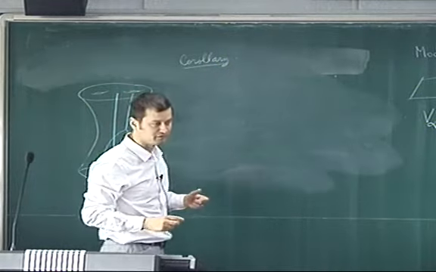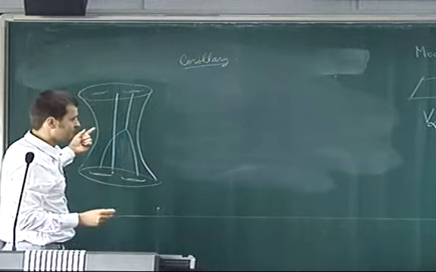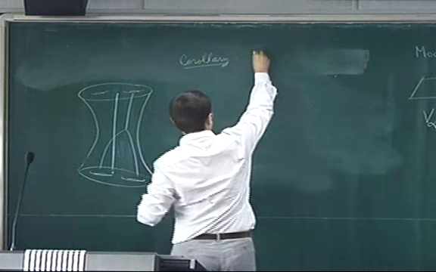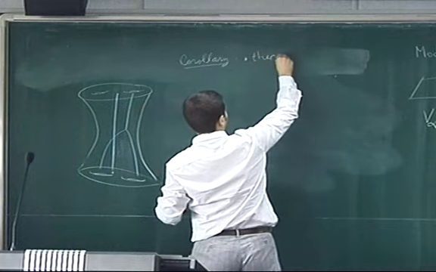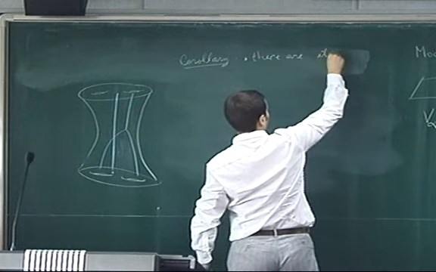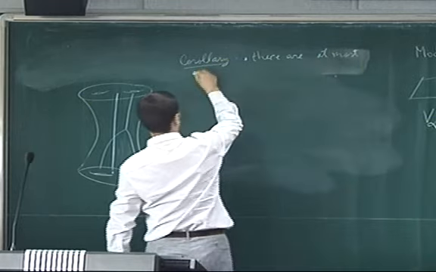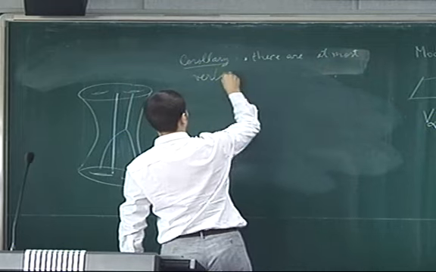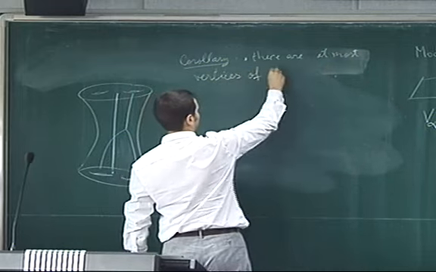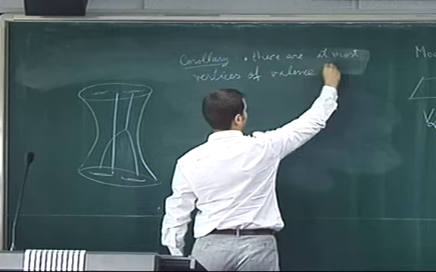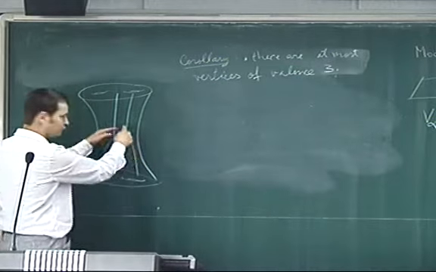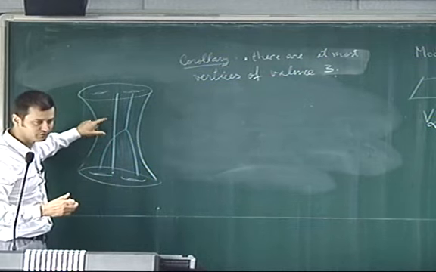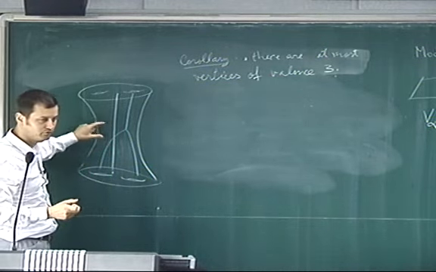of this Gauss-Bonnet observation. It says that first there are at most vertices of valence 3, meaning no more than 3 arcs can meet in a point. But also when you do the deformation, that's where it becomes actually more reasonable.